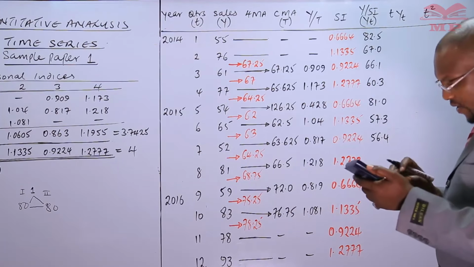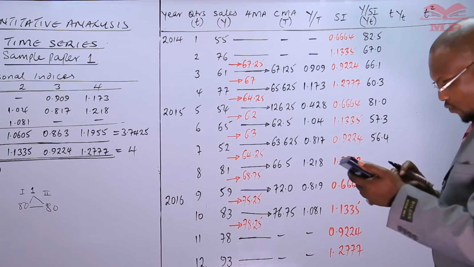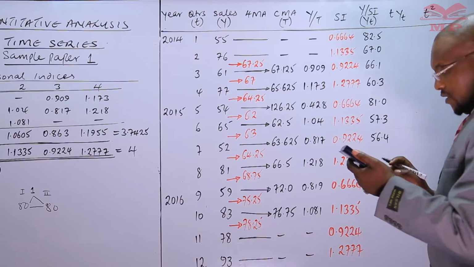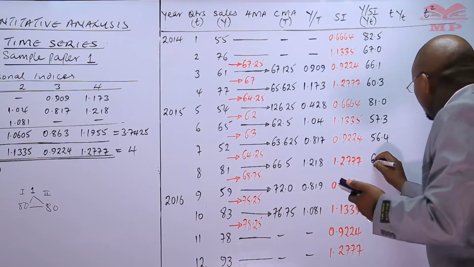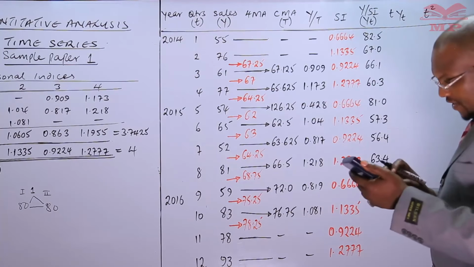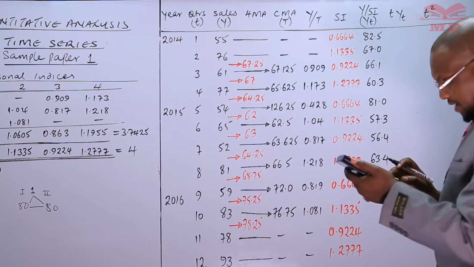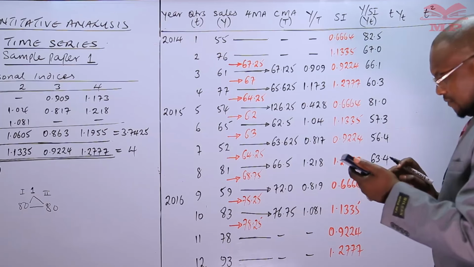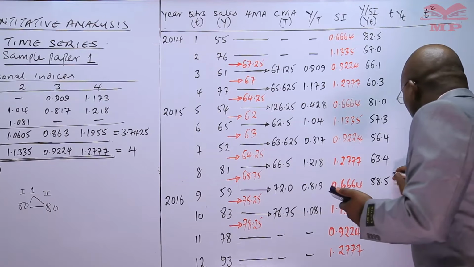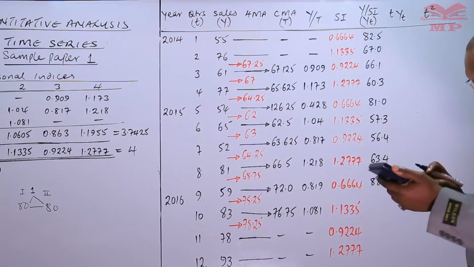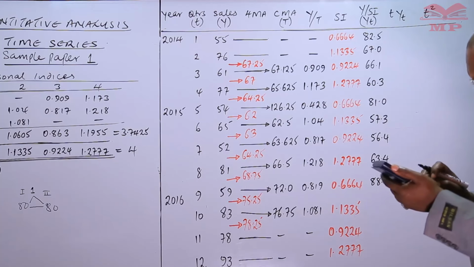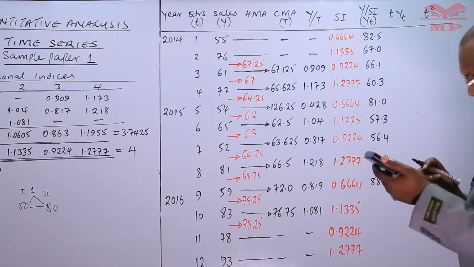The other one is 81 divided by 1.2777. This is 63.4. 59 divided by 0.6664. This is 88.5. 83 divided by 1.1335.